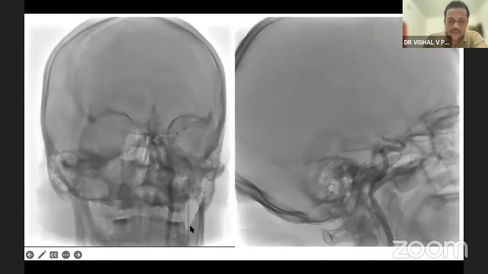Through the Neuron Max, the shot showed there is an occlusion at the distal portion of the internal carotid artery, and there is no flow to the MCA or ACA territory. So we have a distal ICA occlusion along with the proximal internal carotid artery occlusion.